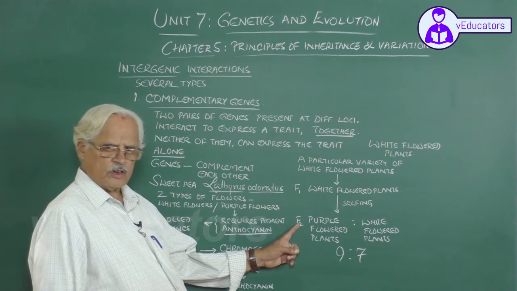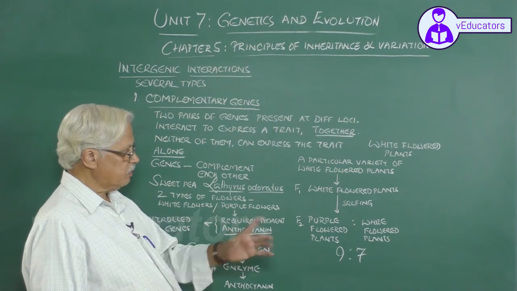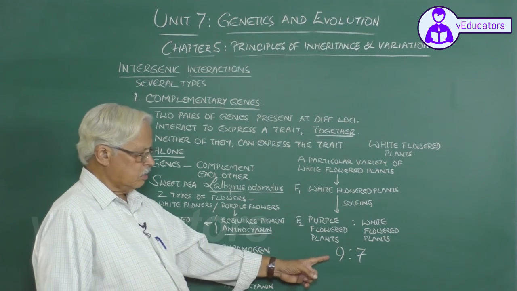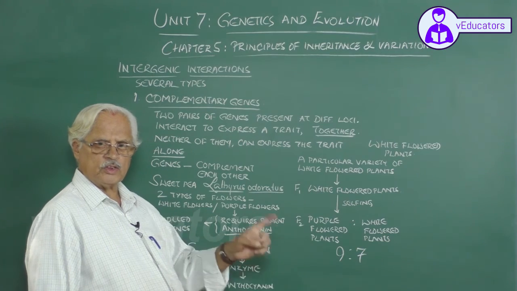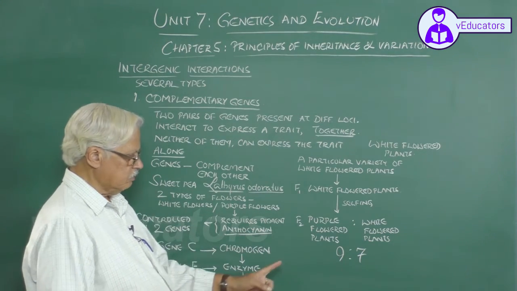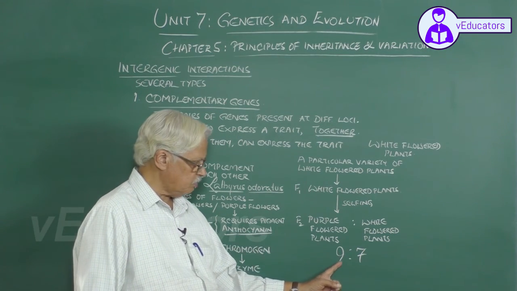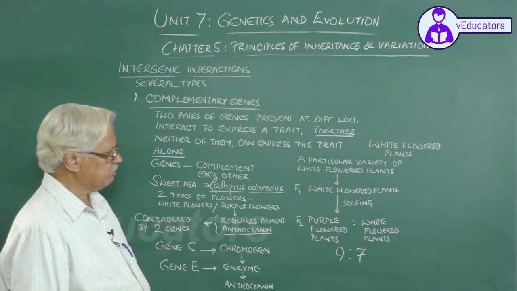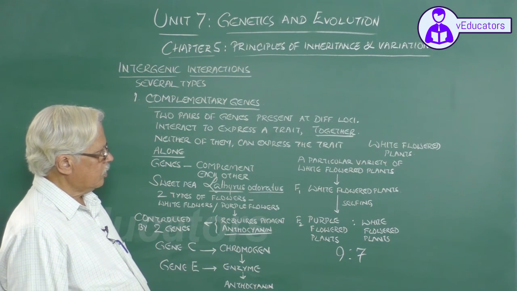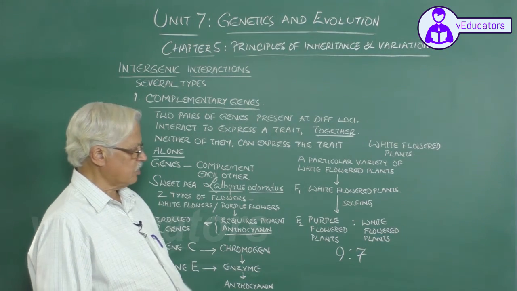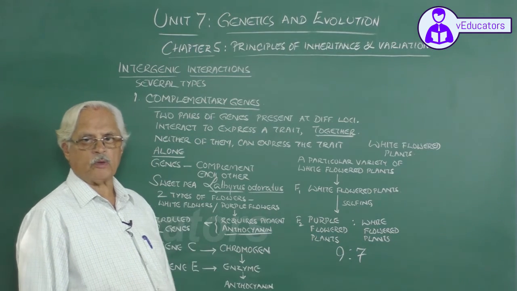Remember, in the F2 generation 16 combinations are possible, 4×4. Normal ratio is 9:3:3:1, but here is a deviation. The ratio will be 9:7. So with the help of a checkerboard, let us now see how this is possible.